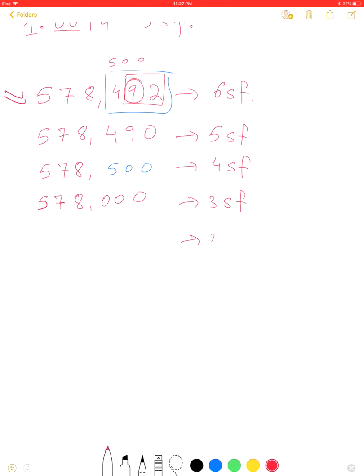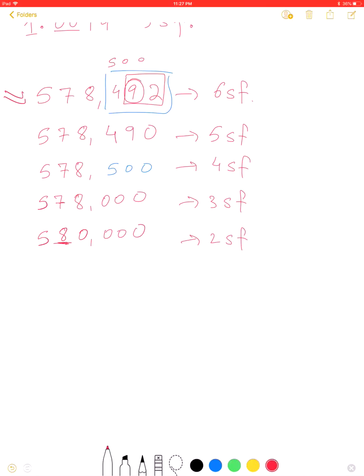Now let's round the very same number to 2 significant figures. So now this 5 will stay as it is, of course. Now we have two options here, either to keep this 7 as 7 or to turn it to 8. Since this is 578,000, 78,000 is of course closer to 80,000 than it is to 70,000.